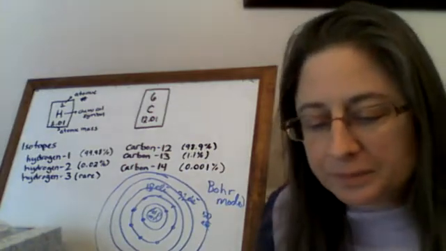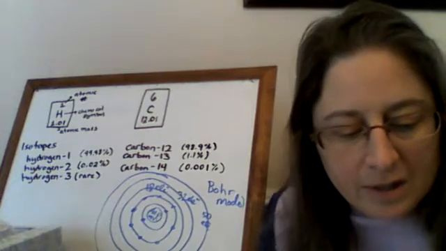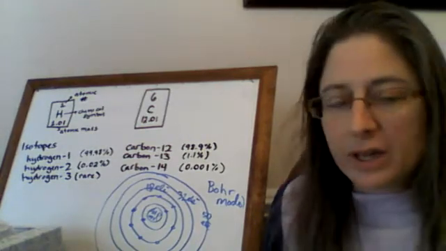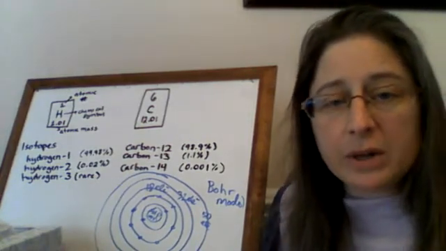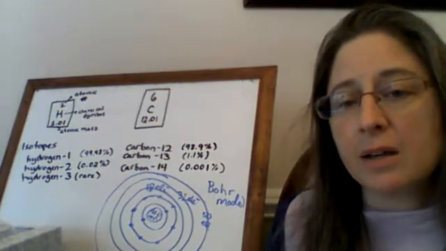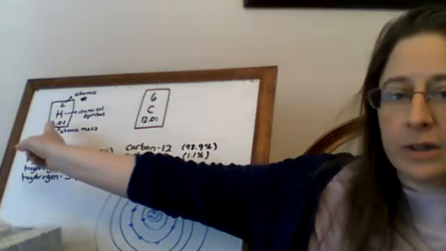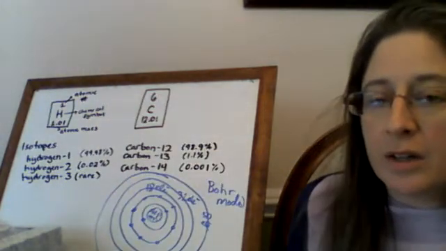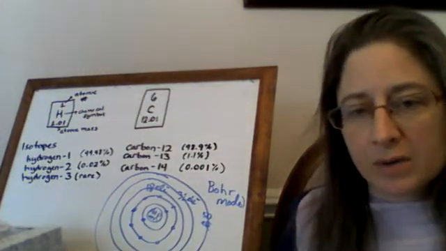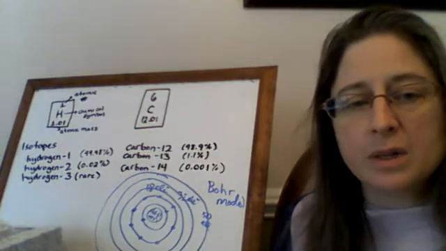When we look at each individual box on the periodic table, we can learn quite a bit about the element it represents. For example, we have hydrogen over here. The H stands for hydrogen. That's its chemical symbol.